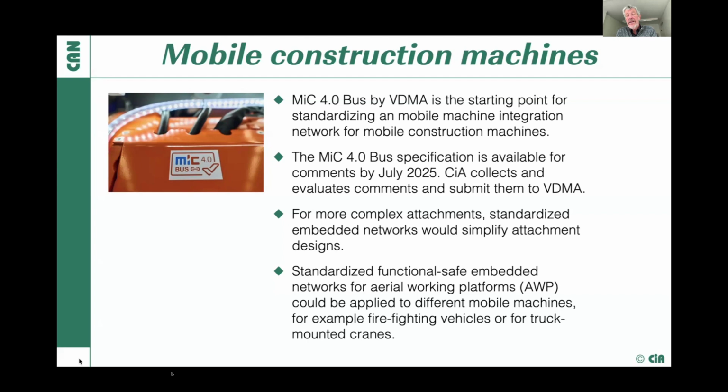Standardized functional safe embedded networks for aerial working platforms is another topic. They could be applied to different mobile machines, for example, firefighting vehicles, or truck-mounted cranes, or even some other applications.